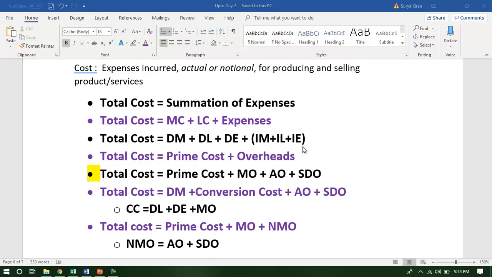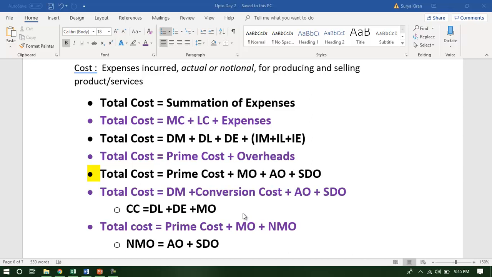But the indirect cost, which is also called overheads, can be incurred at different places. So there is a need for us to know where these expenses are incurred. If you just put all the expenses together and calculate cost, then that information is not useful.